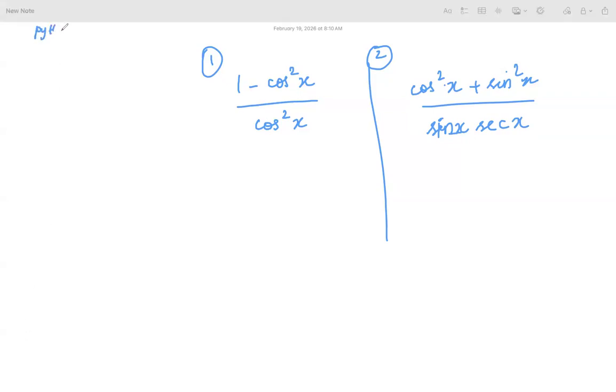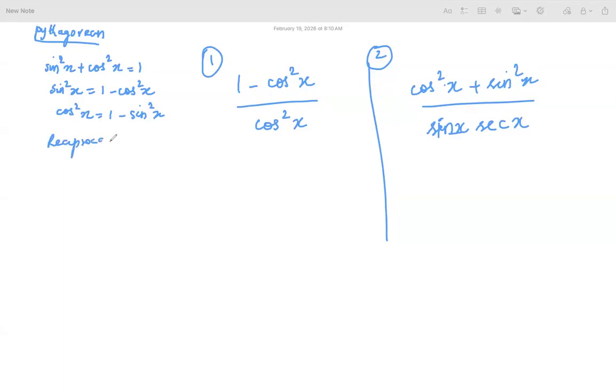If you have not, the Pythagorean identities are sine square x plus cos square x equal to 1 in a unit circle, right? So this can be rewritten as sine square x equal to 1 minus cos square x. These things you'll have to memorize, there's no other go. Reciprocal ones: divide by cos square x everywhere, you get tan square x equal to sec square x minus 1.